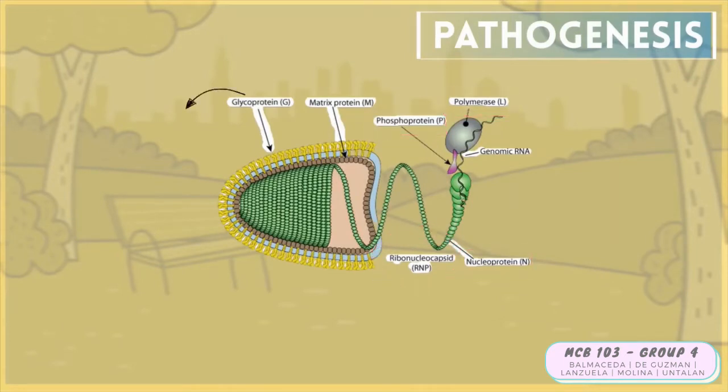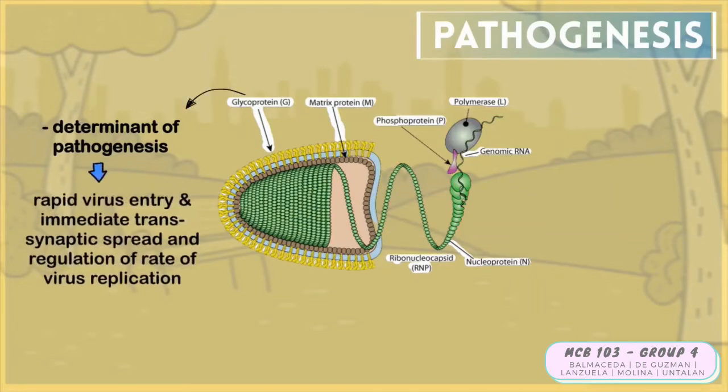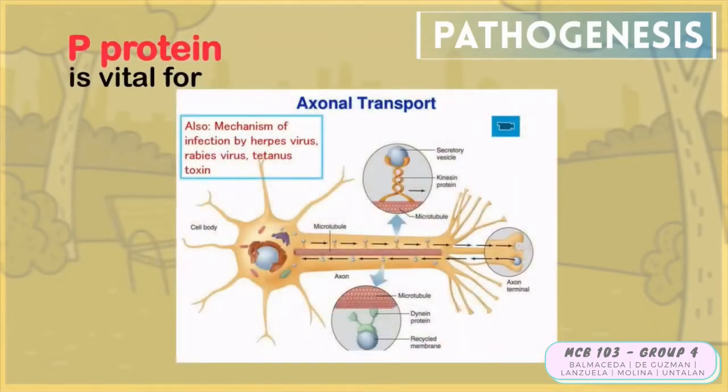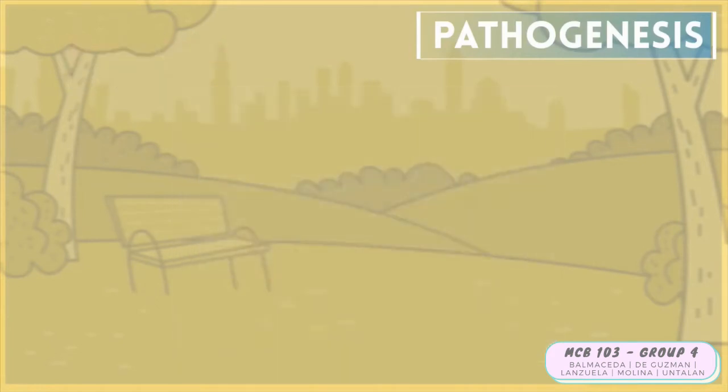The G protein is the primary determinant of the pathogenesis of rabies virus by facilitating rapid virus entry and immediate transsynaptic spread and regulation of the rate of virus replication. Also, P protein is a vital factor in the retrograde axonal transport of the virus.